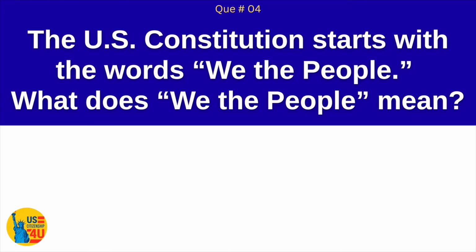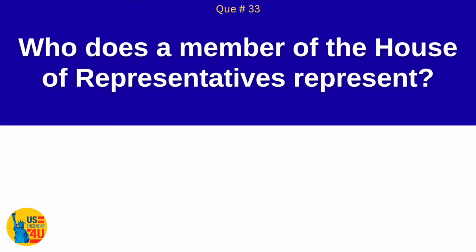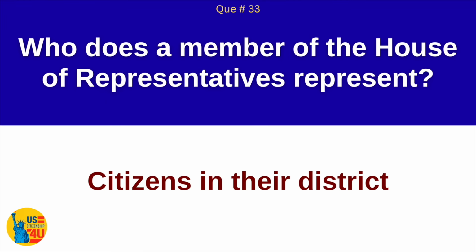The U.S. Constitution starts with the words, "We the people." What does "we the people" mean? Self-government. Who does a member of the House of Representatives represent? Citizens in their district.